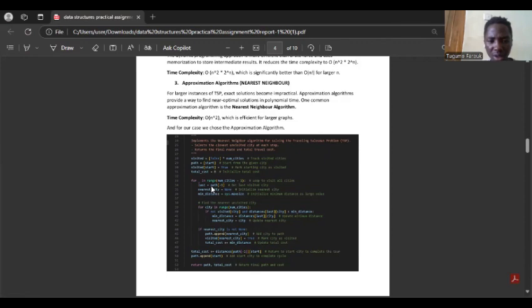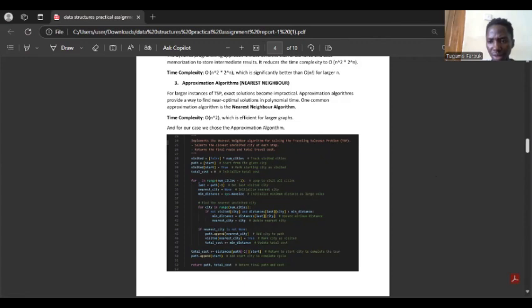Then we get the last visited city, then the nearest city. We also use a for loop again for the nearest and visited cities. After we have visited all the cities, we go back to the starting point where we started from.